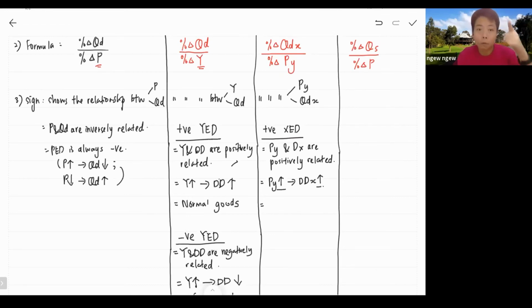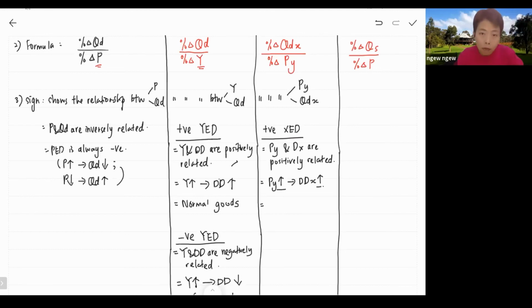And you ask yourself whether this makes sense or not. When price of petrol rises, people will choose not to buy so much petrol. In that case, people will choose not to buy so many cars, right? So it doesn't make sense.